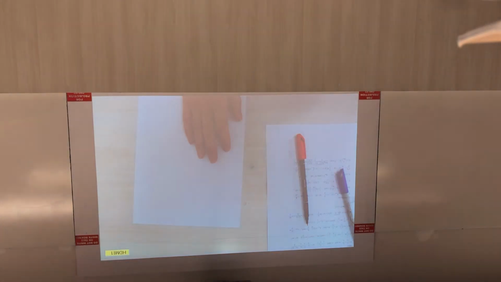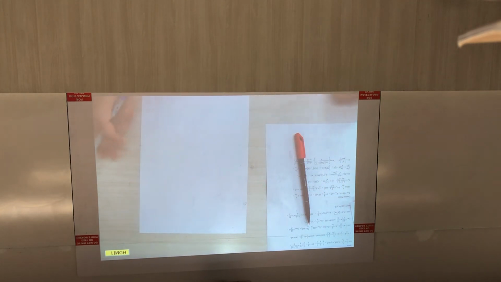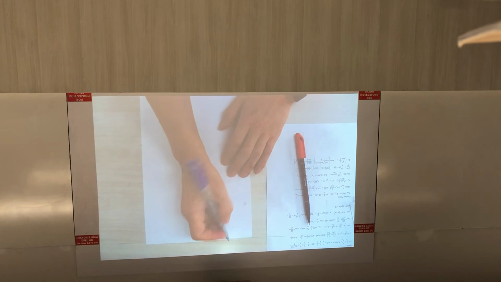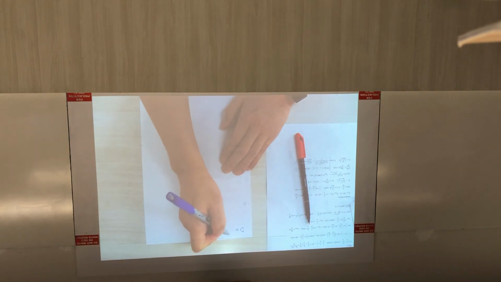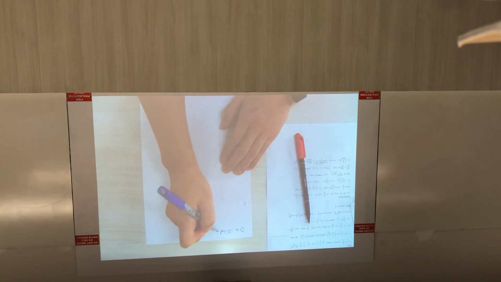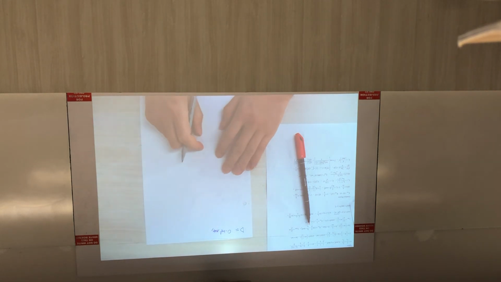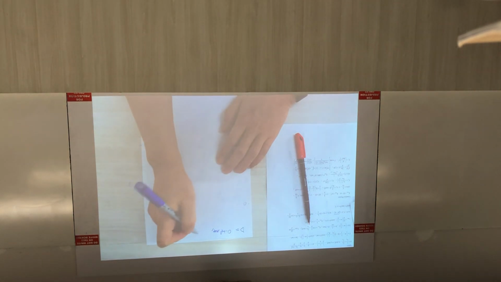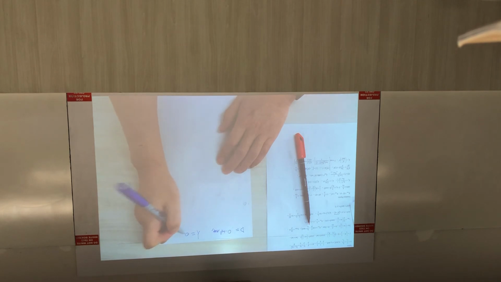They don't know how to do the second question. The crystal lattice constant is given as 0.28 nanometer, and the de Broglie wavelength of the electron is also given as 0.28 nanometer.